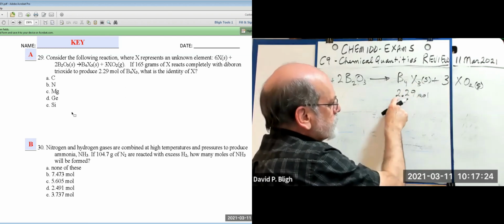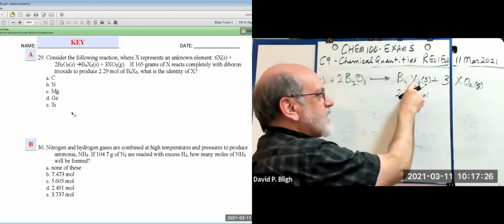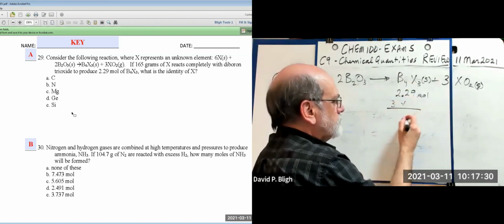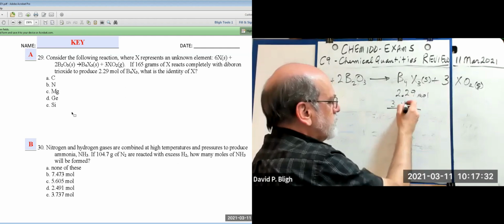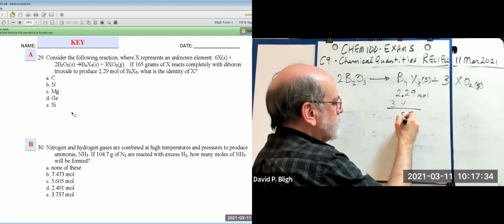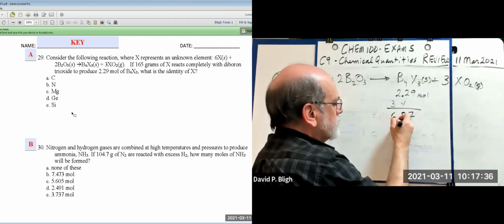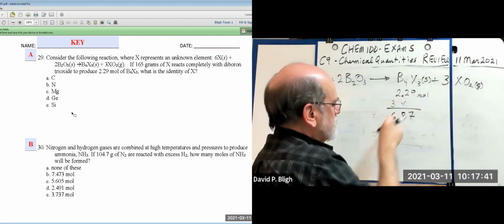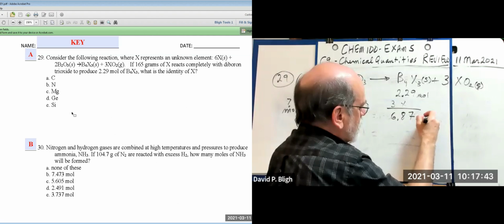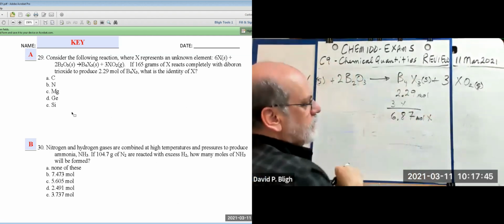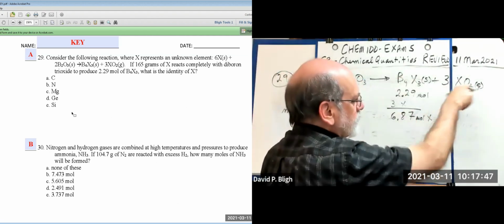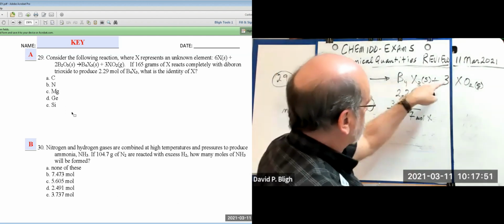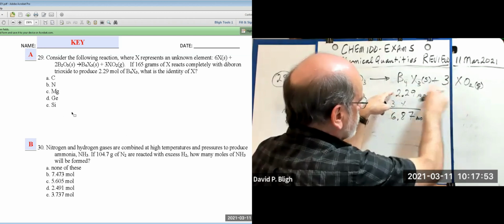So if it's 1 mole here, then it's actually 3 moles times that. 27, 2 and 6 is 8, and 6. 27, 2, 6, 8, yeah. That's moles of X from here. How many moles of X from there? Well, this is 1 to 3, so this is going to be 3 times that.